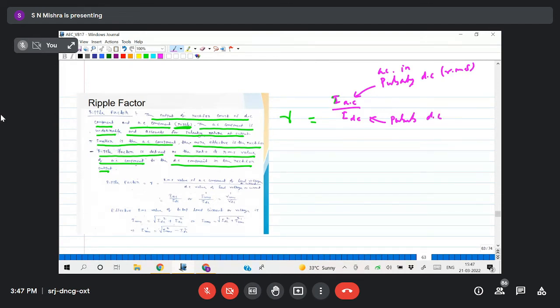There is a confusion between the input AC and this AC present in my output. To avoid this confusion, let us take this AC not as I AC but as I dash AC, or I RMS dash by I DC, or V RMS dash by V DC.